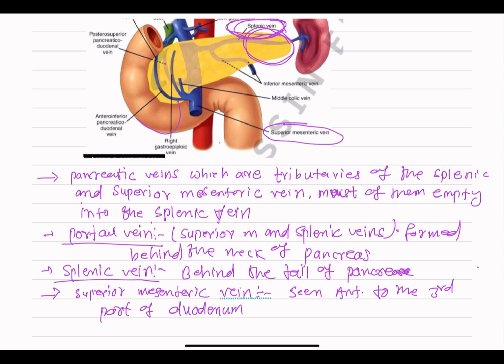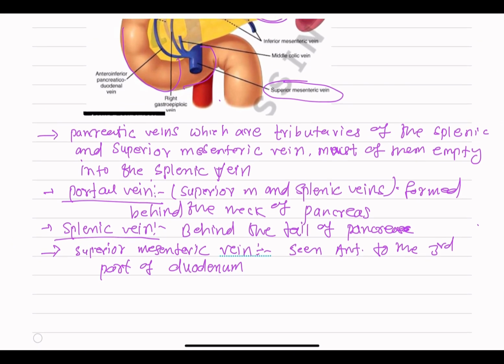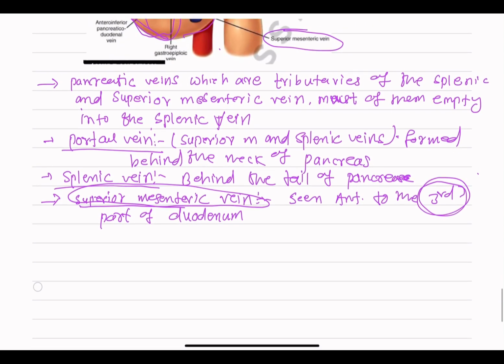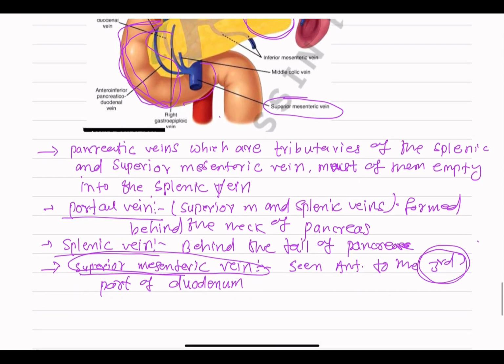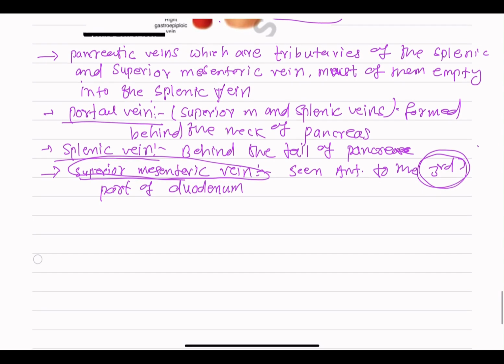That was the second part, then this is the third part. So we also have to know the location of the vein. It is very important to know the superior mesenteric vein at the third part of the duodenum, and the head of the pancreas is located at the second part of the duodenum. So this is all about the anatomy of the pancreas. I tried to explain as much as I can to make it clear.